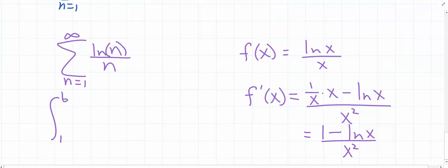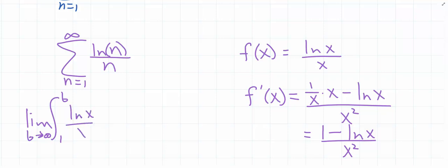From 1 to b, the limit as b goes to infinity of log x over x. So when you decide to work with the integral, go ahead and change from n to x. Okay? Because n denotes discrete values, whereas we're going to have continuous values for x.